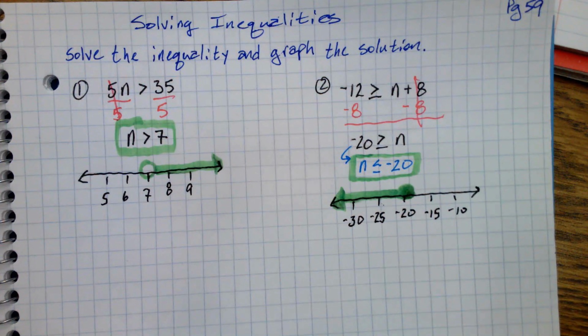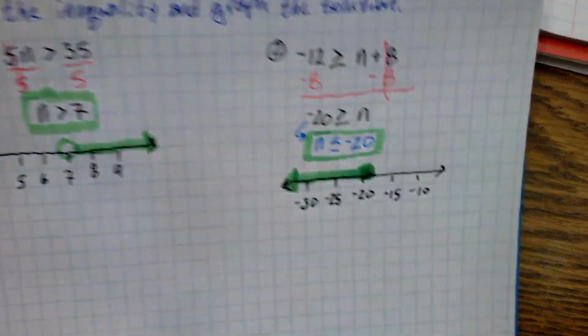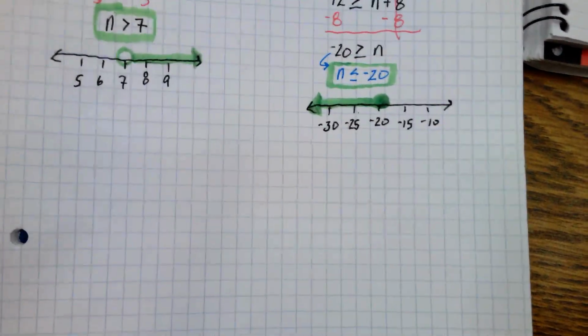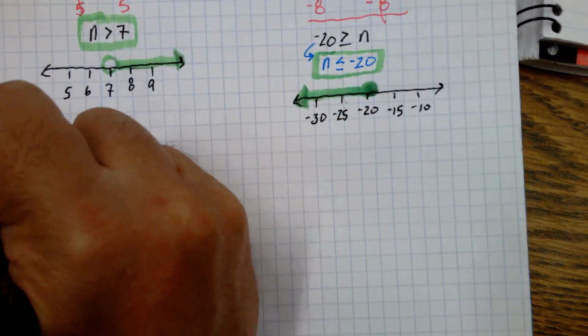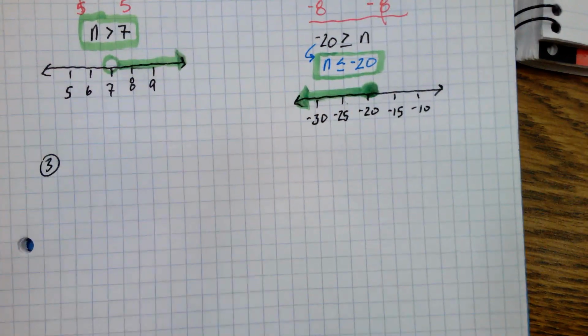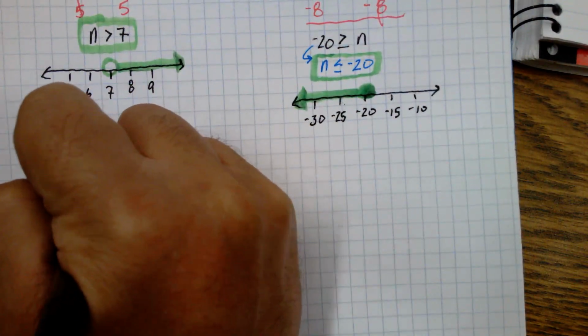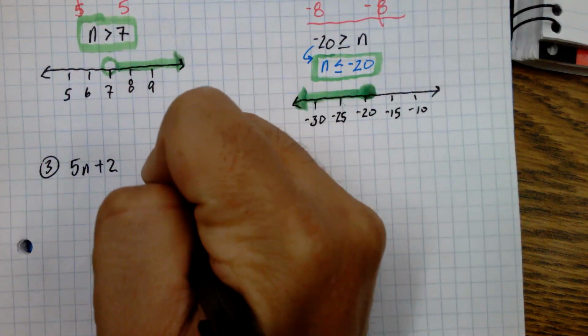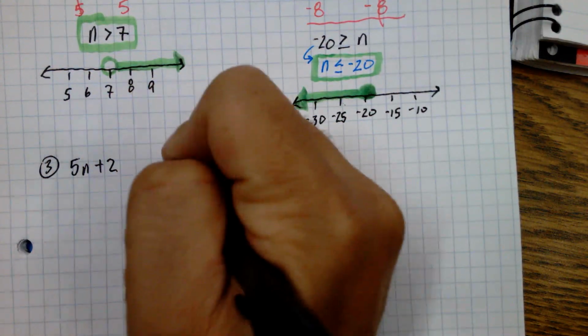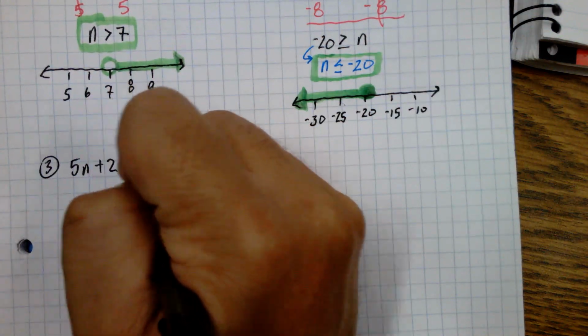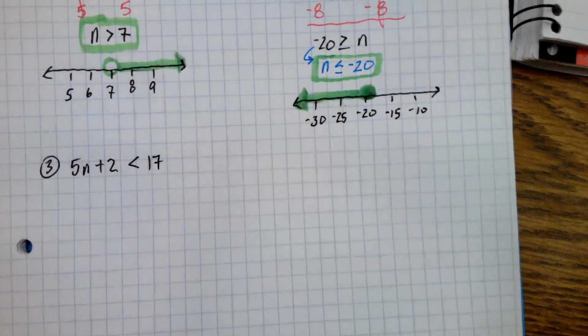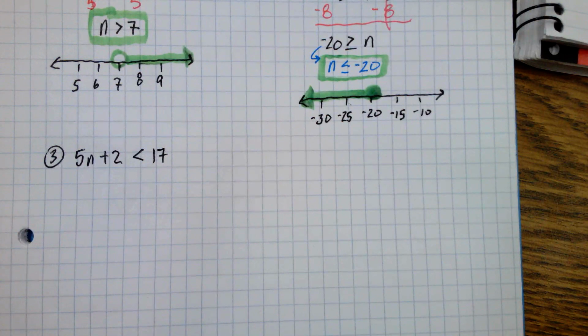Number 3. So number 3, let's try this one. 5n plus 2 is less than 17. And this one's very straightforward. It's 2 steps. So what's our first move? Yes.